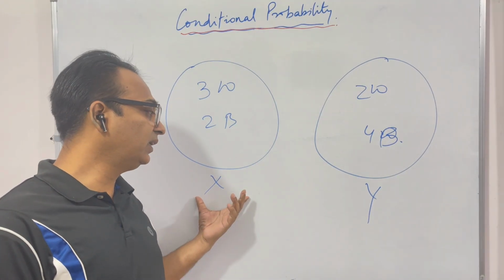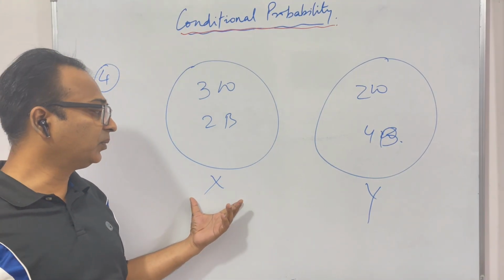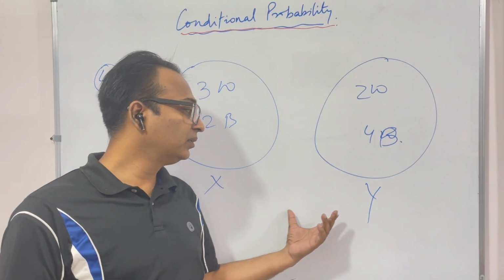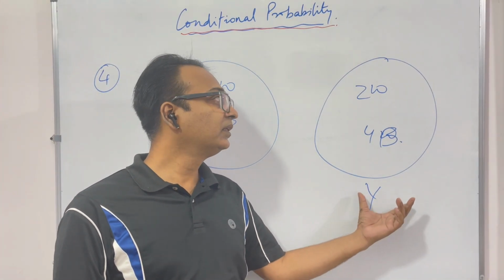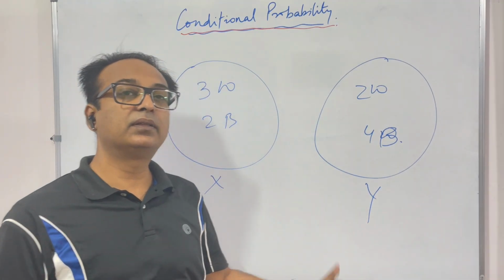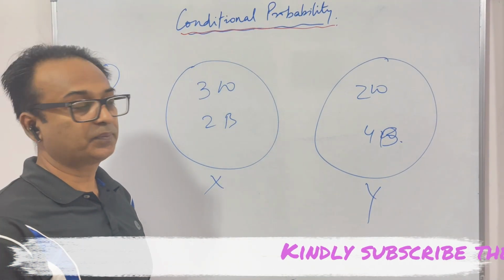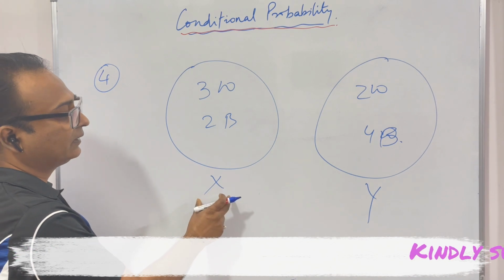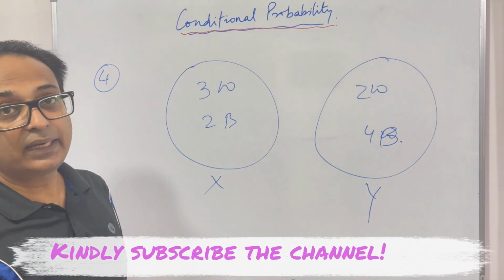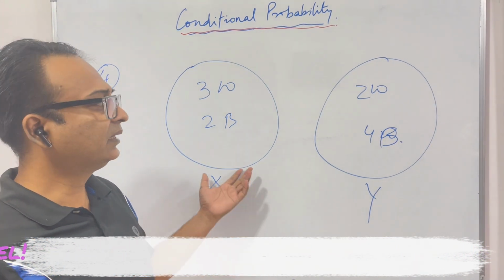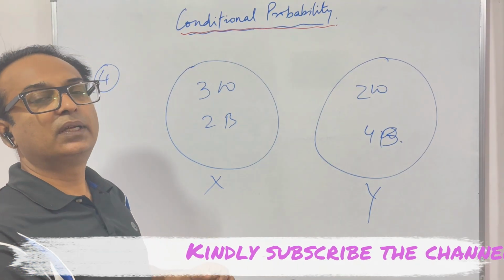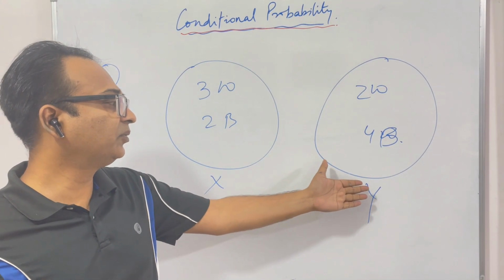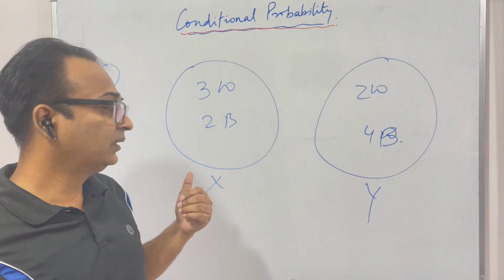That is the probability of getting a white ball when X is selected, or the probability of getting a white ball when Y is selected. Therefore, what is the probability of getting X or getting Y? Half. There are 2 bags only, so the probability of picking X is 1 by 2 and the probability of picking Y is 1 by 2.